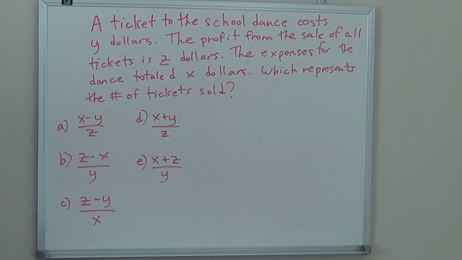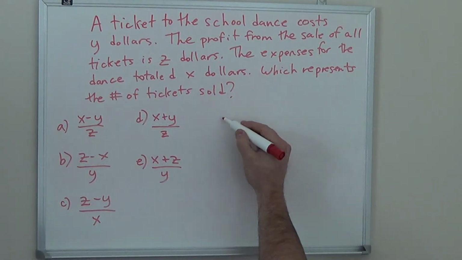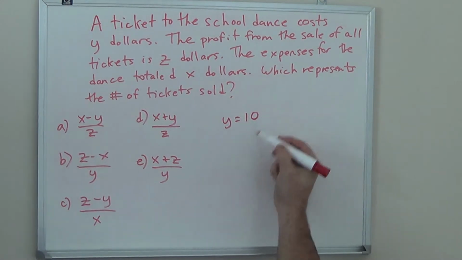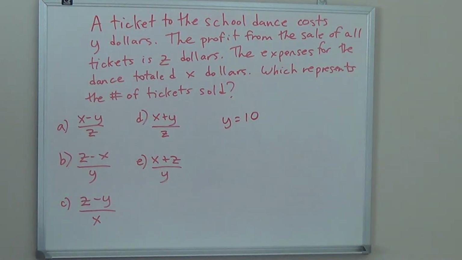So let's see. Let's say you go to a school dance and it costs Y dollars. We'll just say the dance costs 10. I'm just making up random numbers. It doesn't even have to really be realistic, but we just want to get some numbers in there. And let's say the profit from the sale of all the tickets, so you go up and buy your prom ticket or whatever dance it is, and it costs you $10.